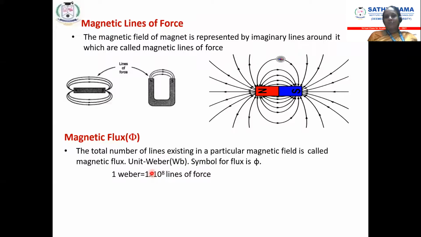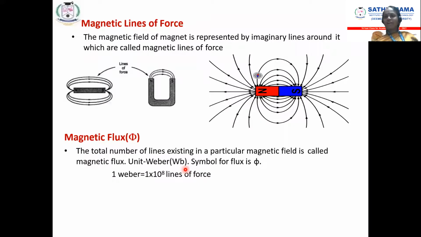The unit is the Weber, and you all know the Weber is the largest unit. What is the value of one Weber? It is 10 power 8 lines of force. So when you solve any problem, it will be in milliweber or microweber only.